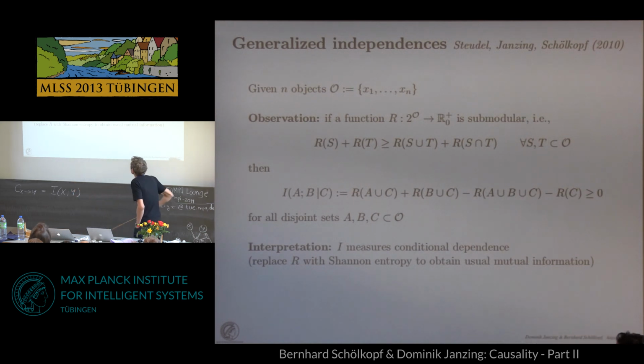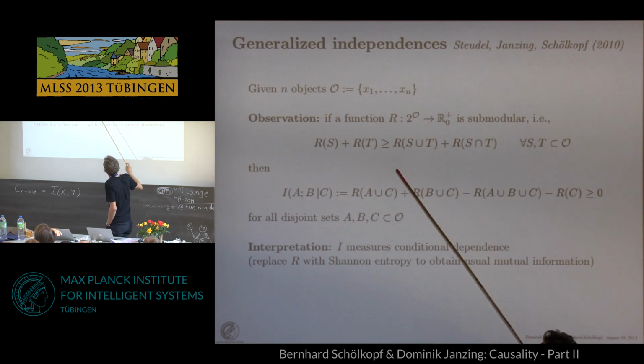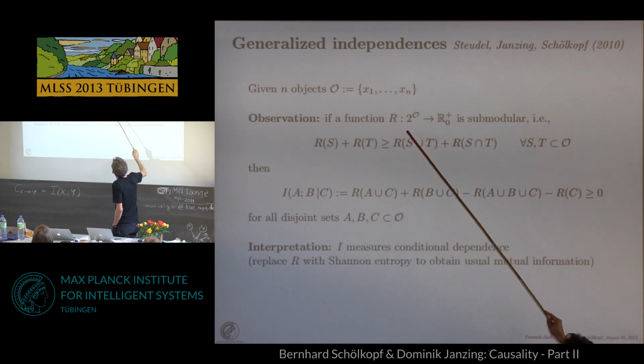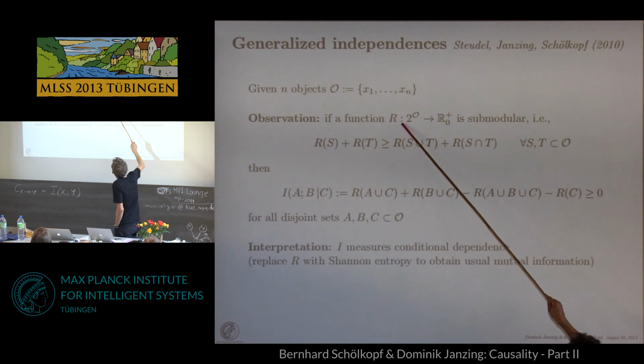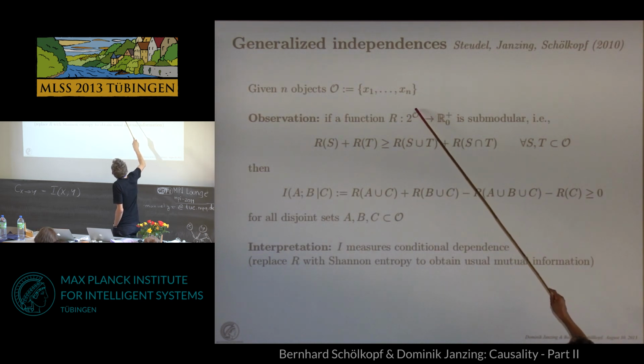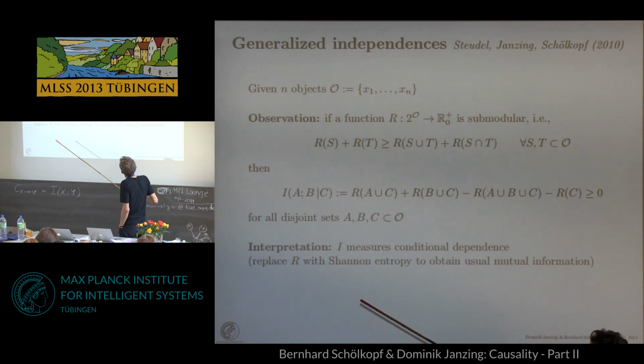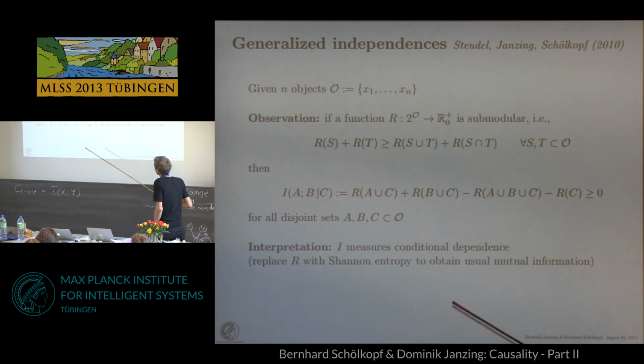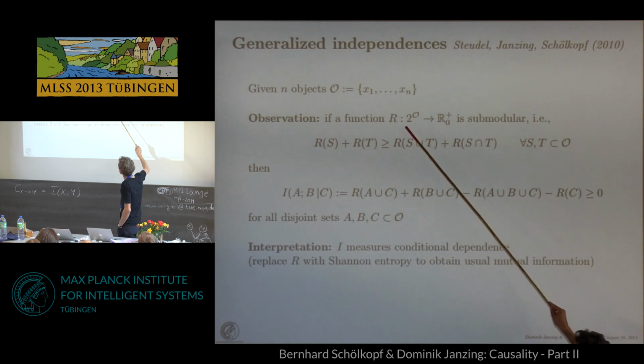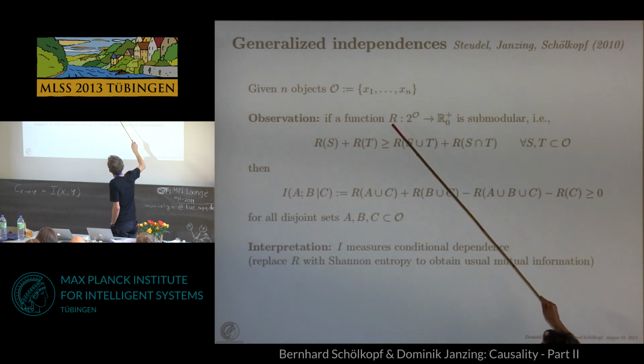So we just looked at the abstract problem. We have n objects, and an information measure is just a function from its power set to the positive numbers. And then we postulate that a reasonable information measure is submodular.